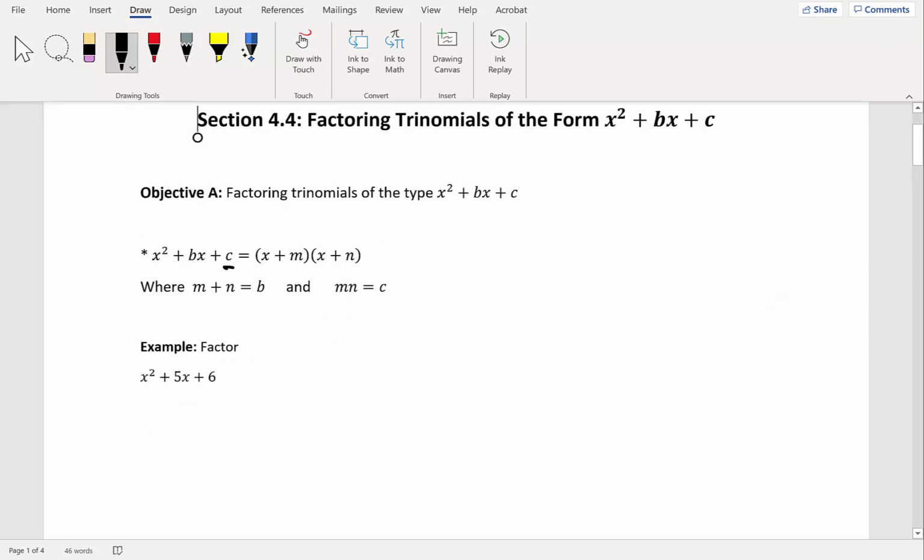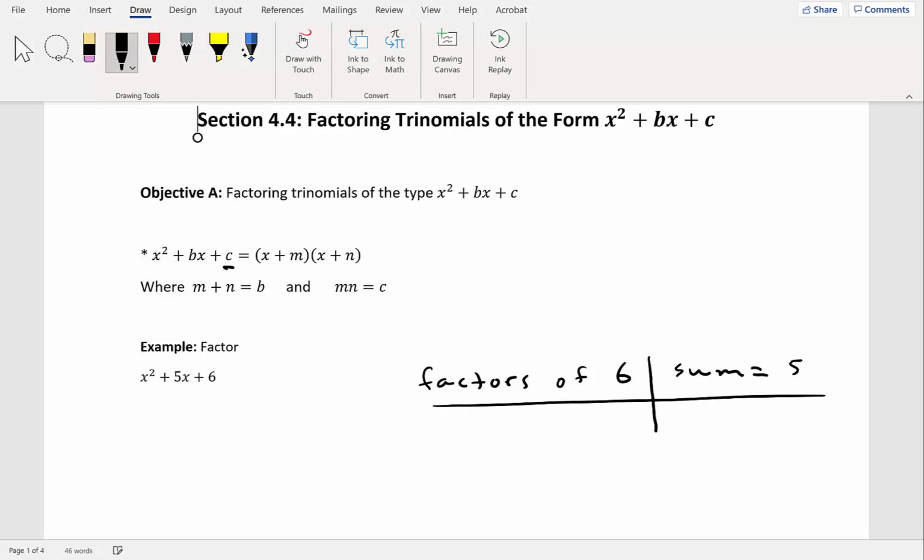So we want to factor x squared plus 5x plus 6. So what we need is factors of 6, two numbers that multiply to give us 6, and when we add them together, it has to be equal to 5. So let's try it out. 1 and 6: 1 times 6 gives me the 6, but 1 plus 6 gives me 7, which is not the right combination we're looking for.